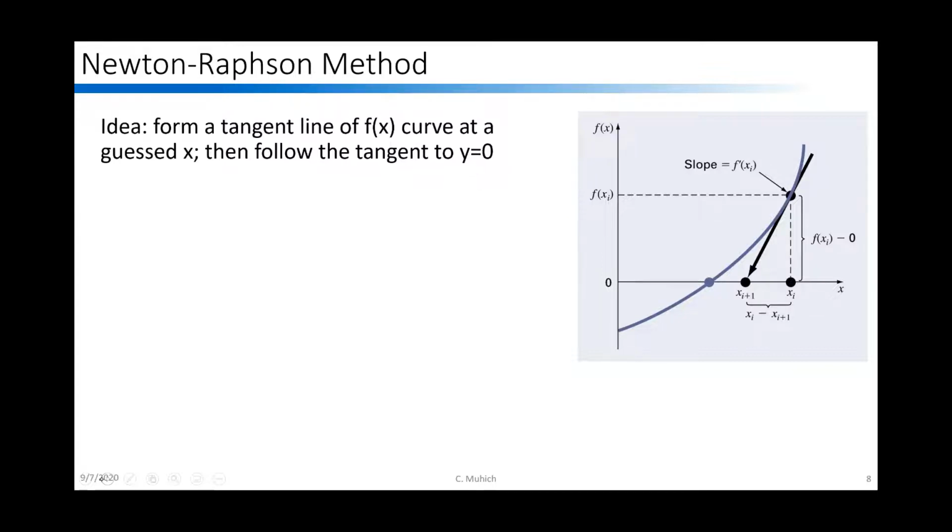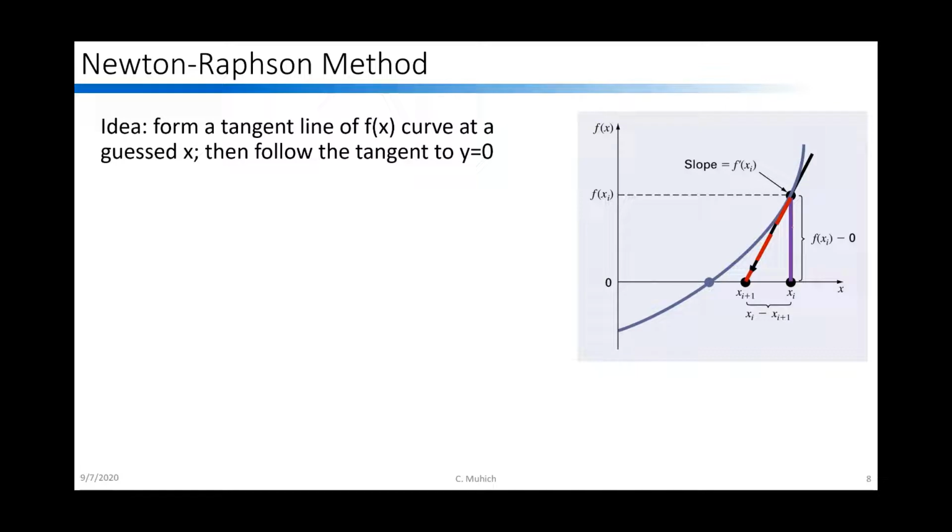Where this is going to come in is based on the fact that we're going to know the tangent of that curve. So really what we were talking about at the beginning of class. We're going to once again take some sort of guessed x, find the slope, and then follow that slope down to y equals 0.